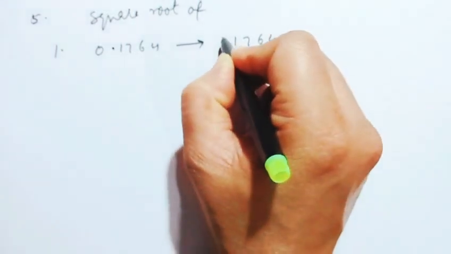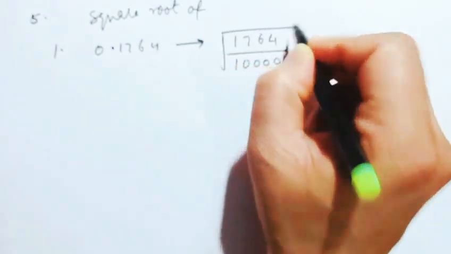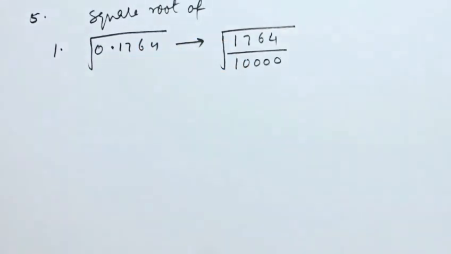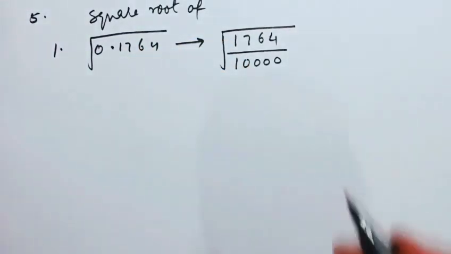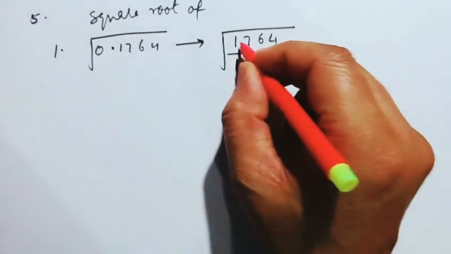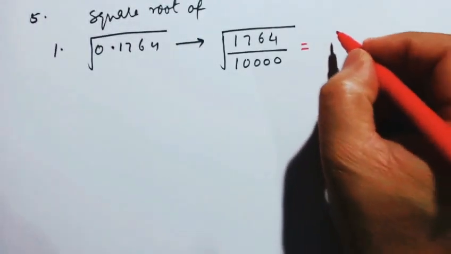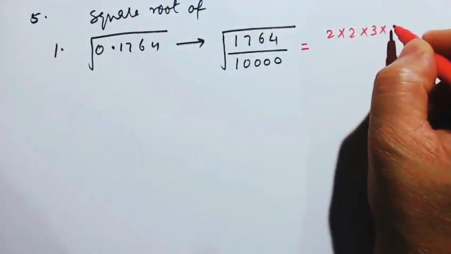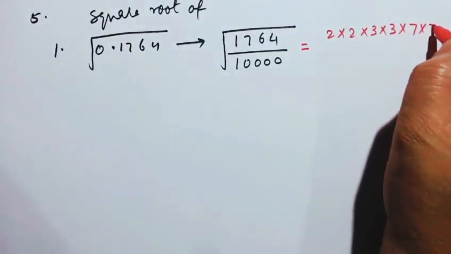Now let's find the square root of this particular number. Again you will have to go through the same process. Nothing different is there. Okay, 1764. When you break it, you will get 2 times 2, then 3 times 3, and 7 times 7.